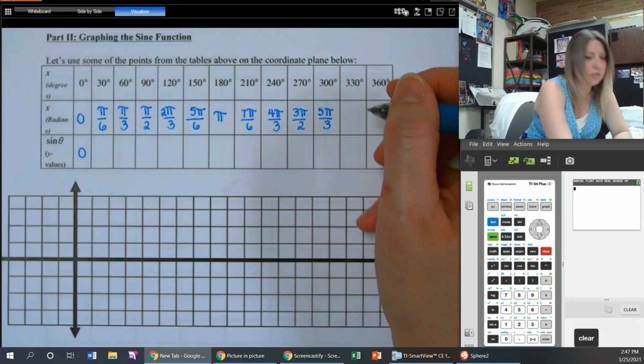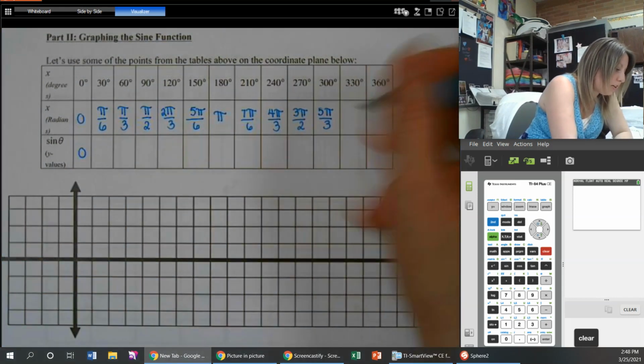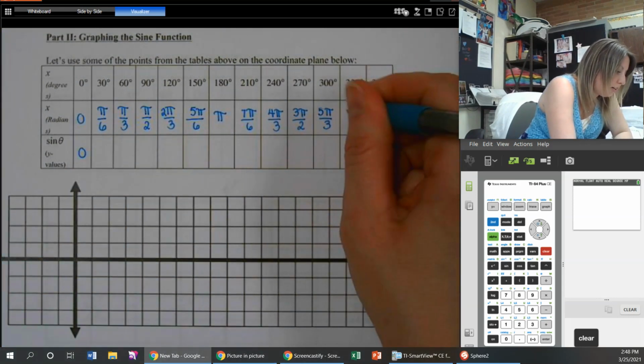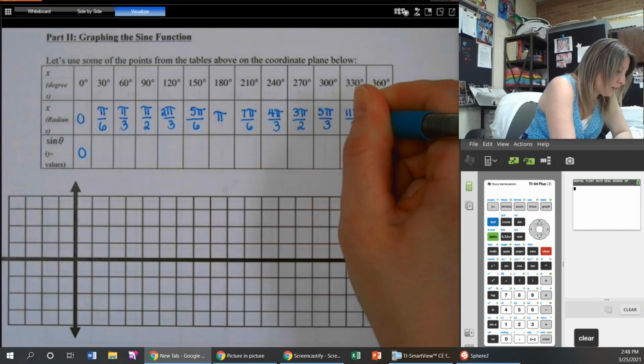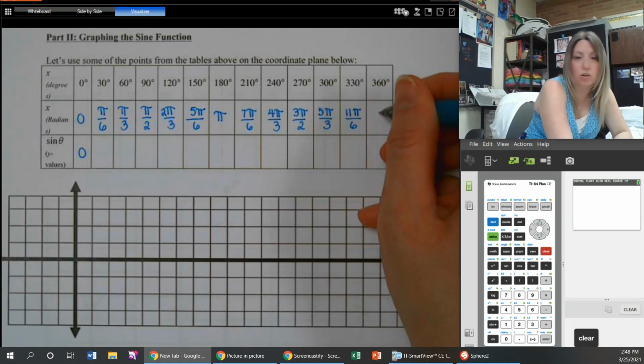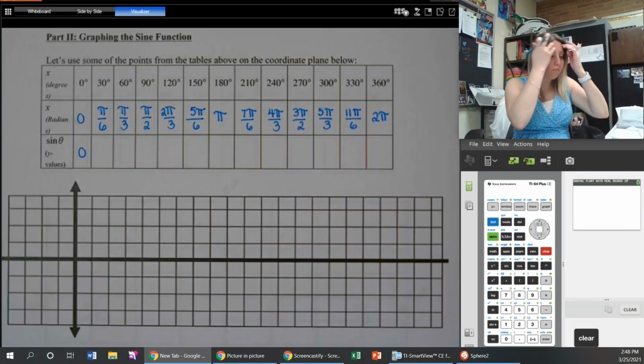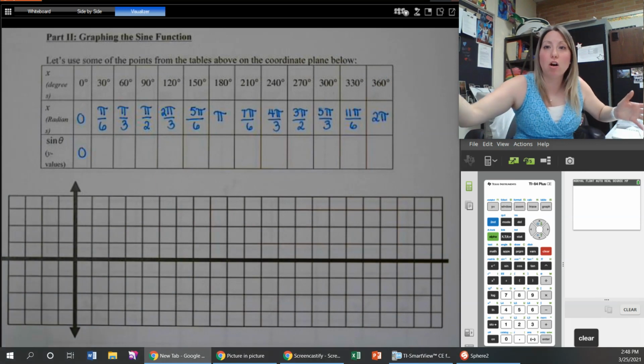Yep, because 6 pi over 3 would be 2 pi radians, right? 30-degree reference angle here, so that would be 11 pi over 6. And then this is 12 over 6, or 6 over 3, right? So that's 2 pi radians total.